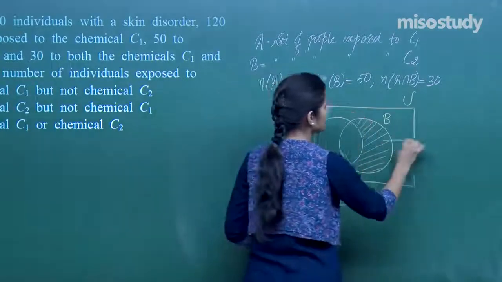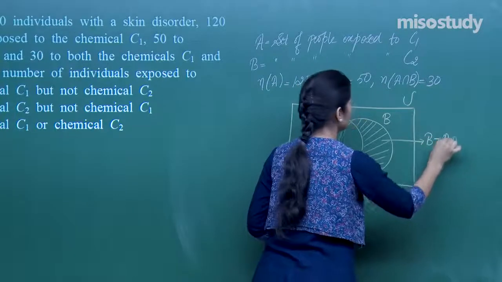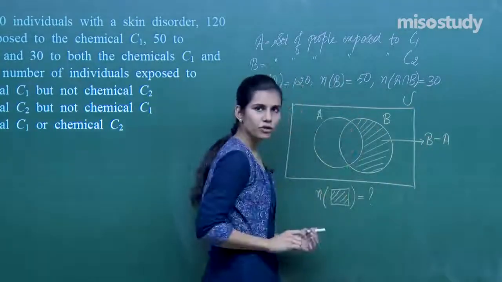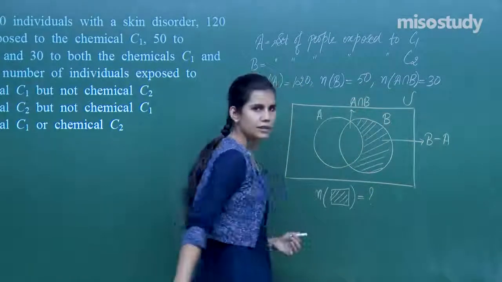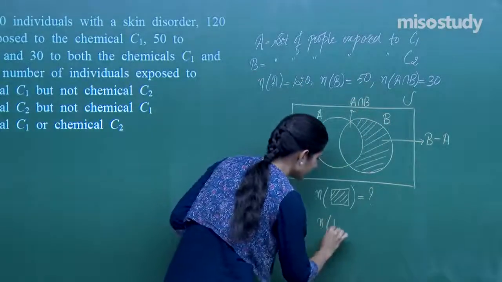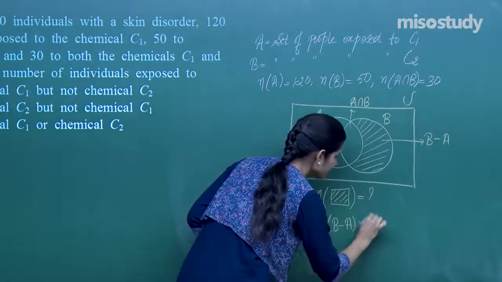Now what is this? This is actually nothing but B minus A. From B I have removed the contribution of A and clearly this is A intersection B. Fine. I need to find the number of members in B minus A.